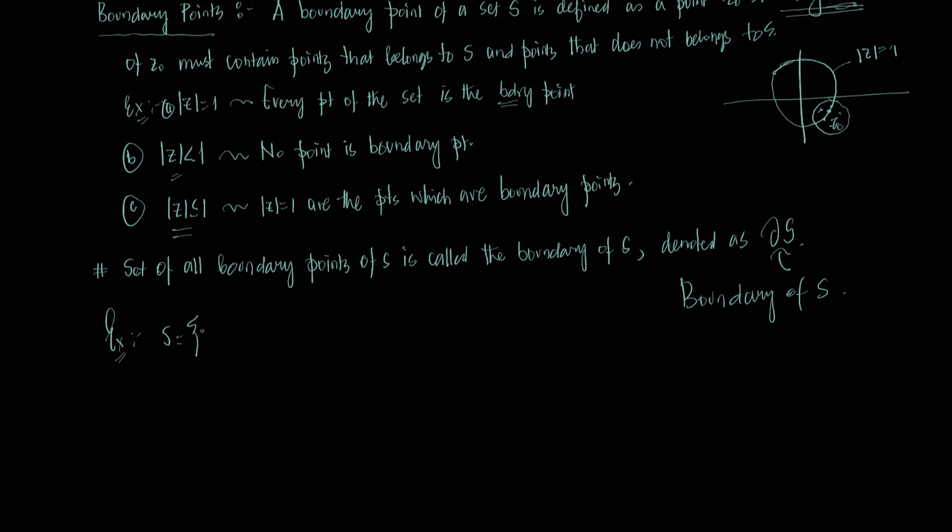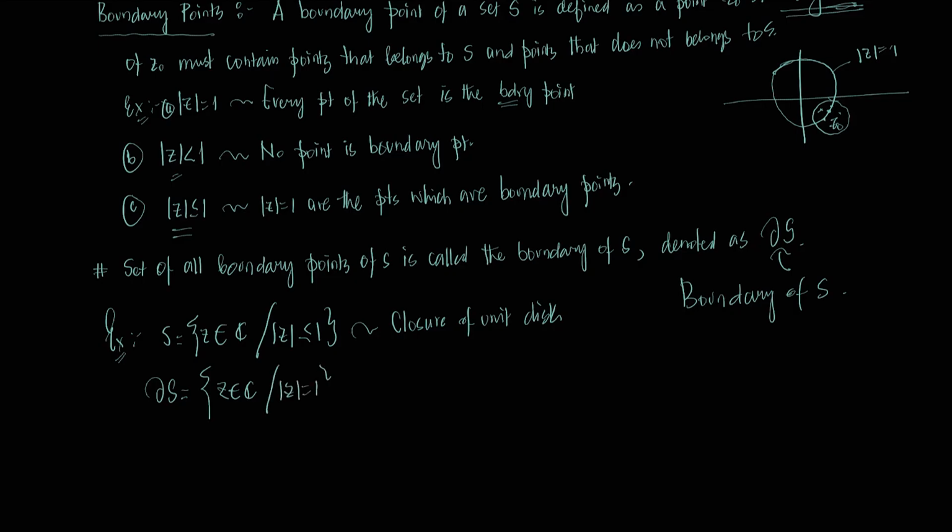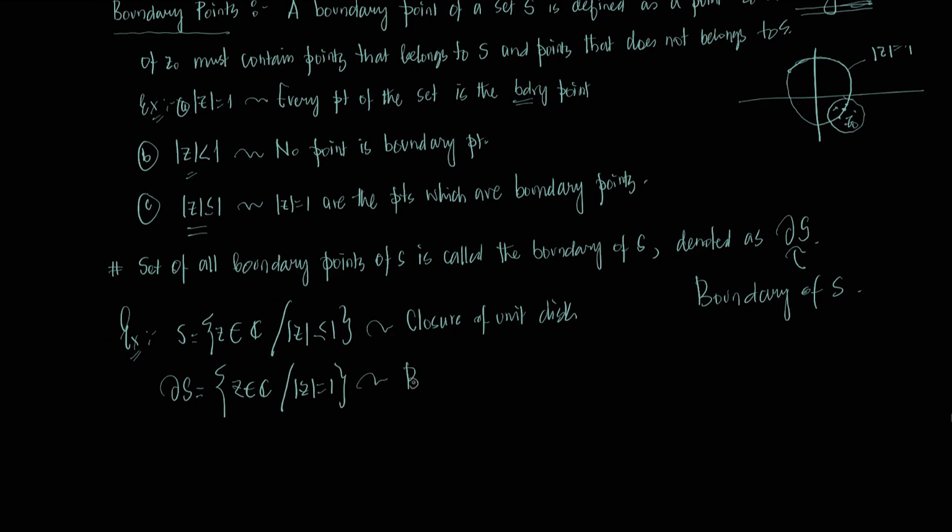S is the set of all those Z in C such that mod Z is less than or equal to 1, the closure of the unit disk. What is the boundary del S? Del S is the set of all those Z in C with mod Z equals 1, as we have already discussed. That is the boundary.